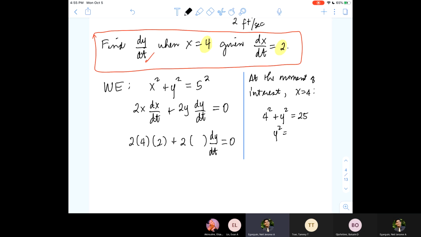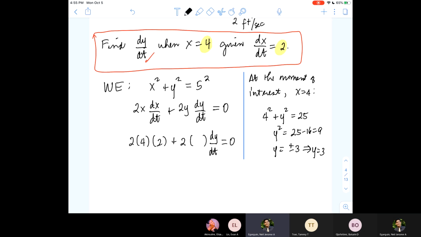That means y squared is equal to 25 minus 16, that's 9. So y is plus or minus 3. But what is y? y is the distance between the top of the ladder and the ground. So it should be a positive number. So y is equal to 3. We disregard the negative root.